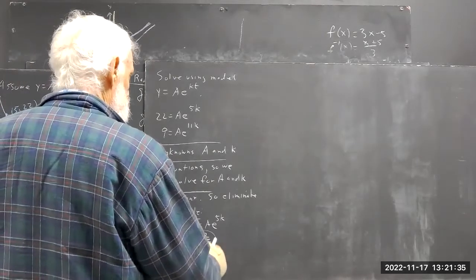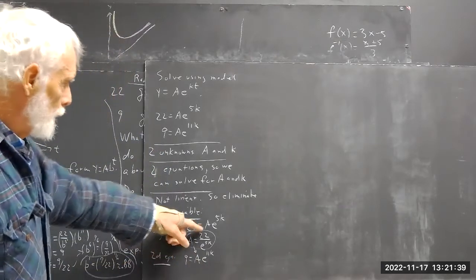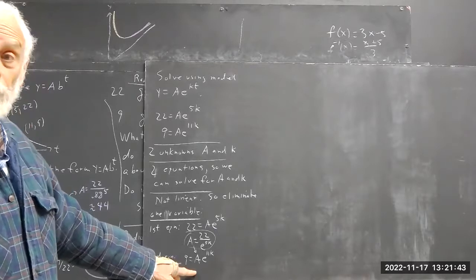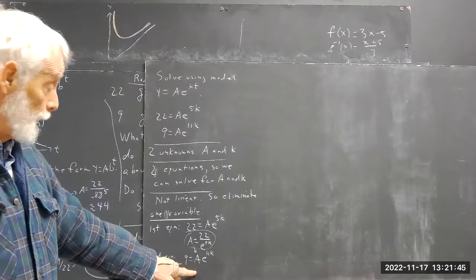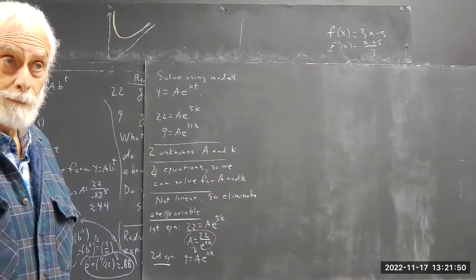So, well, we have a value for A. We plug it in here, and all of a sudden our equation is not going to have any A's in it. Replace A by 22 over e to the 5k, and now the only variable is k.